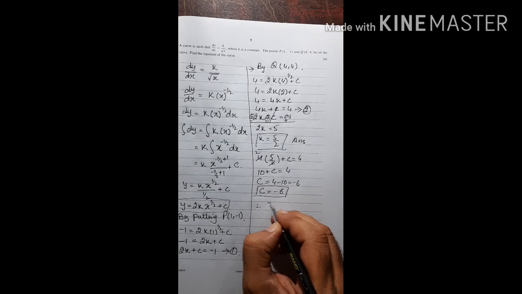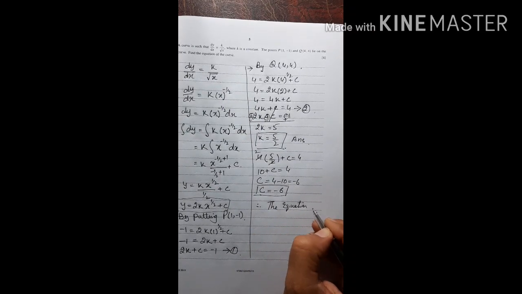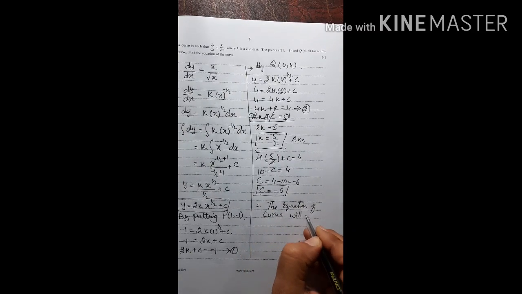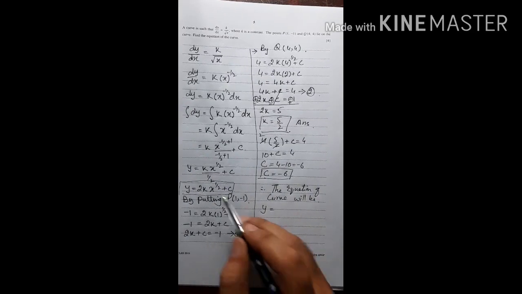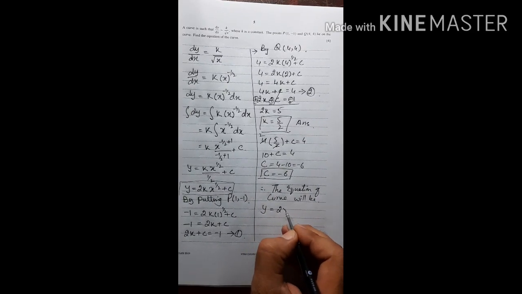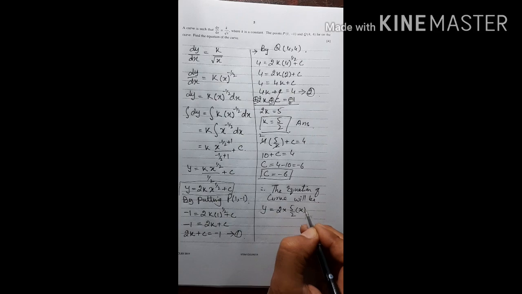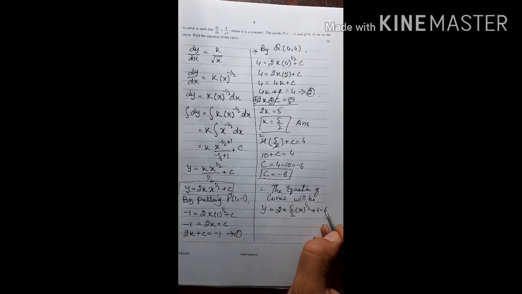Therefore, the equation of curve will be y is equal to 2 into k's value is 5 over 2, x to the power 1 over 2, plus c's value is minus 6.